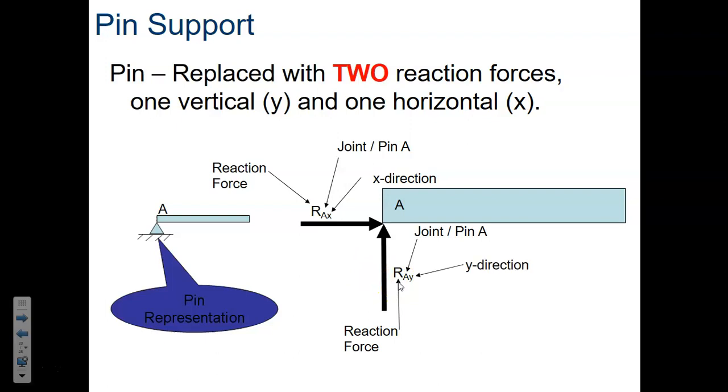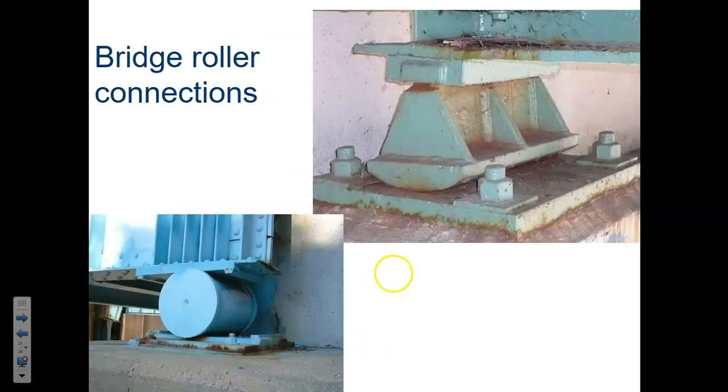All right, so then we're going to talk about rolling connections. The other connection for a bridge or that kind of thing is a roller connection. And this is an example of a roller connection. So here's the bridge resting on this roller. And now the roller allows the bridge to move left and right, so it doesn't exert a force at left or right. It allows the bridge to freely move either way.